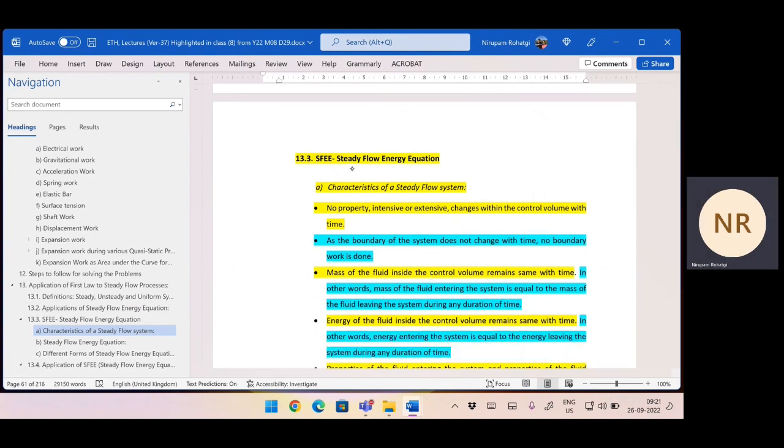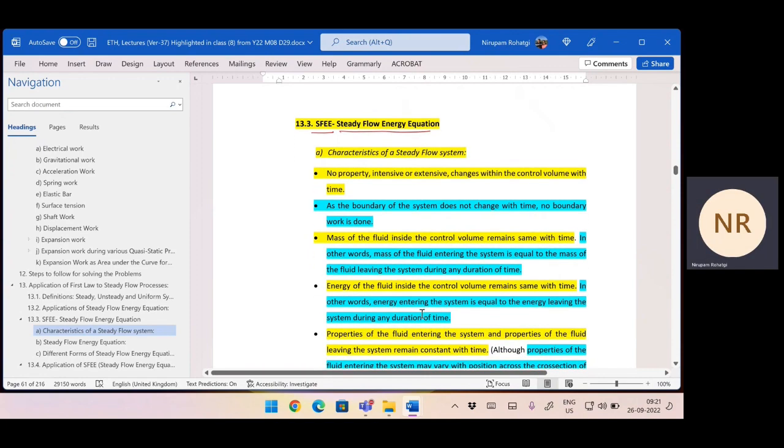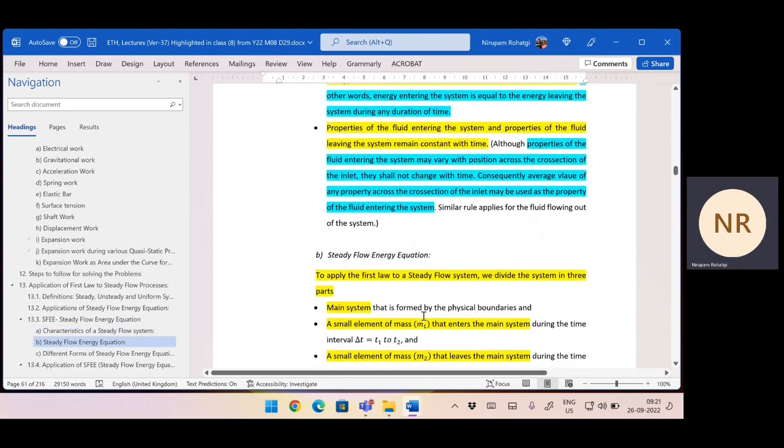Now, the steady flow energy equation, in short form also called SFEE. And let us see what a steady flow system is, and what the properties of a steady flow system are. Let me first show you the system.